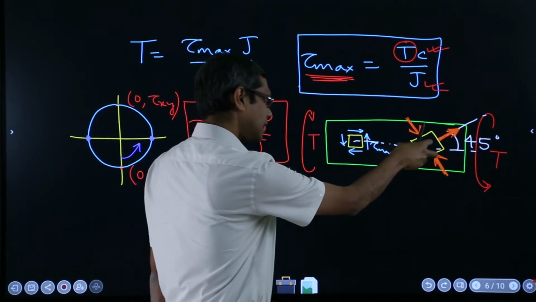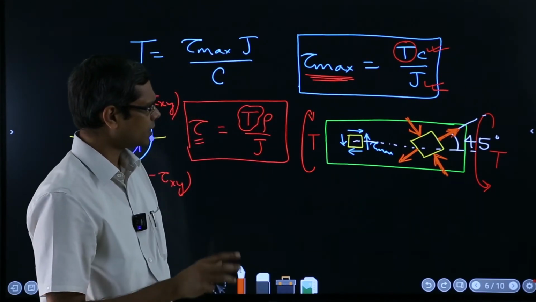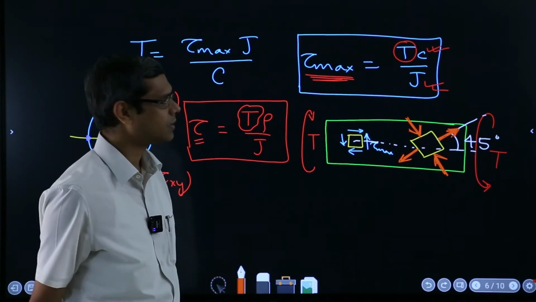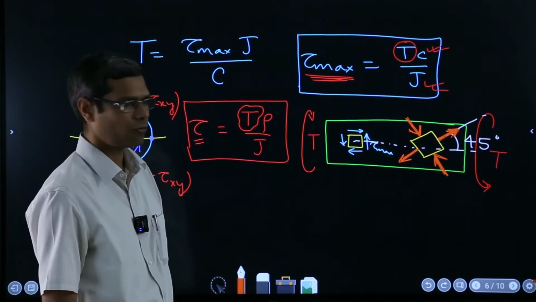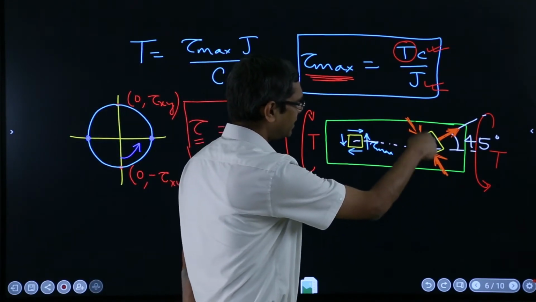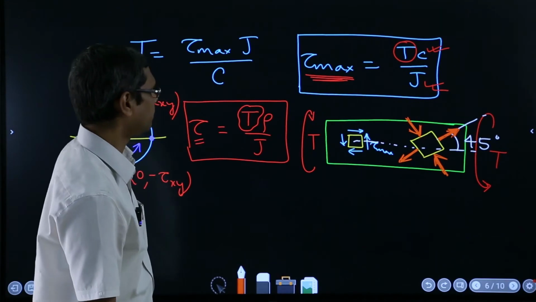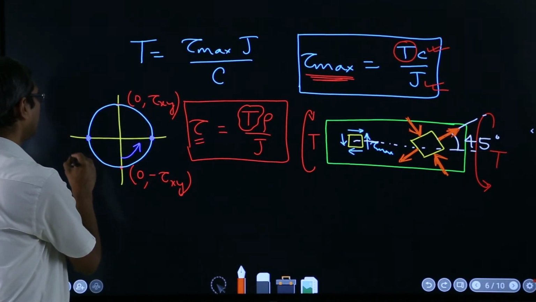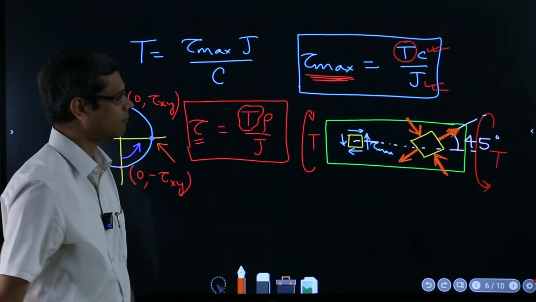And now if I just turn by 45-degree, I will go to a state of stress where in one direction it is a pure axial tensile force, and exactly 90-degree to that it is a purely compressive normal stress. So this is the compressive one, this is the tensile one.